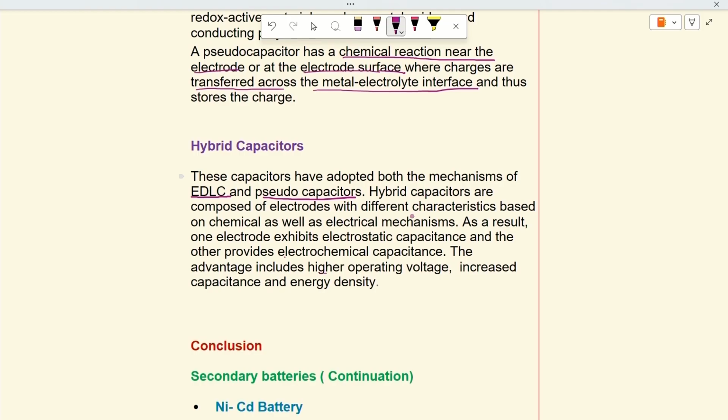In hybrid capacitors, one of the electrodes will be functioning in one way and the other electrode in the other way. That is, one electrode will exhibit electrostatic capacitance, that is by polarization, while the other electrode will exhibit electrochemical capacitance. So, these two electrodes have an electrical double layer, but by two mechanisms.